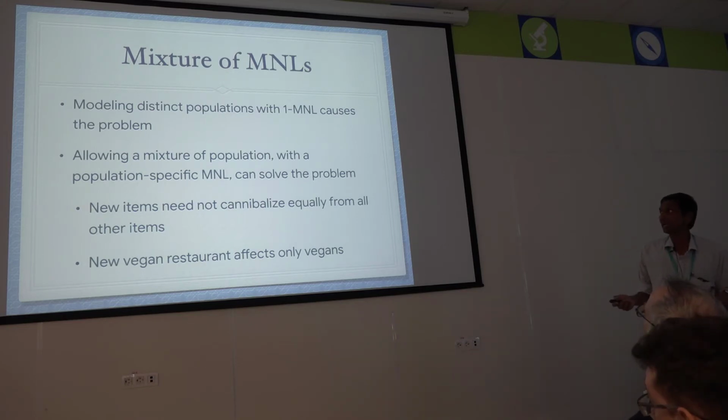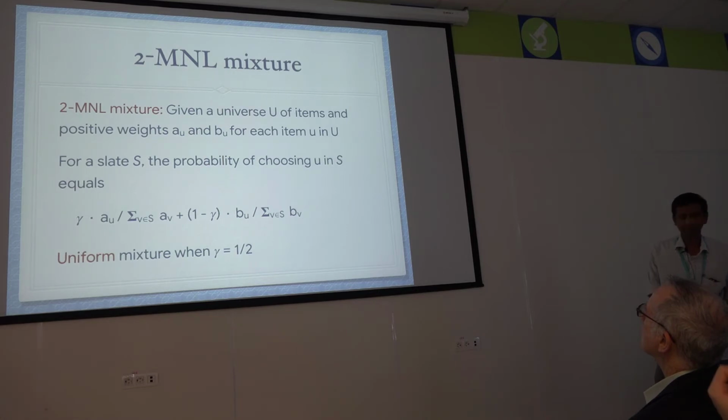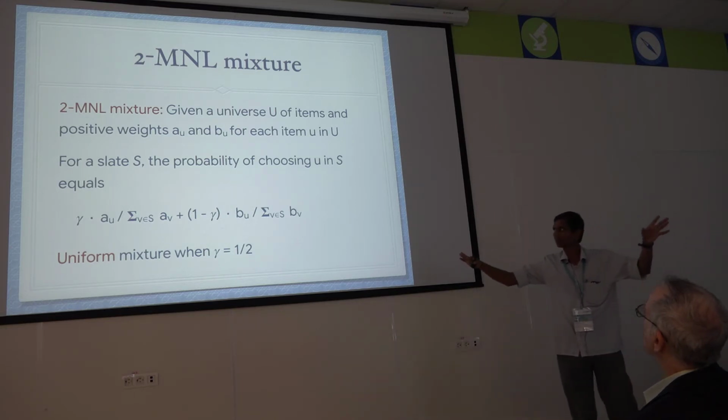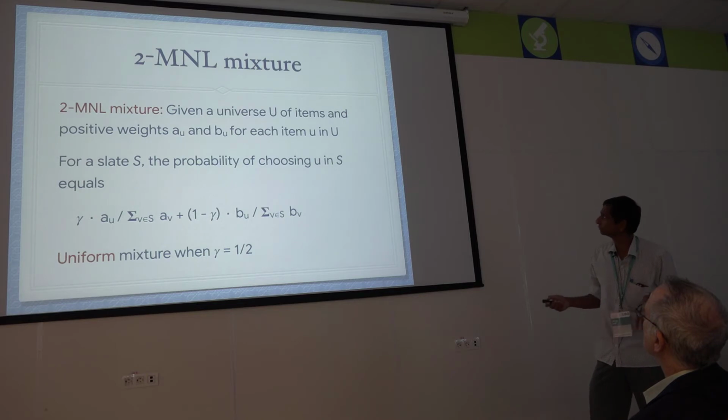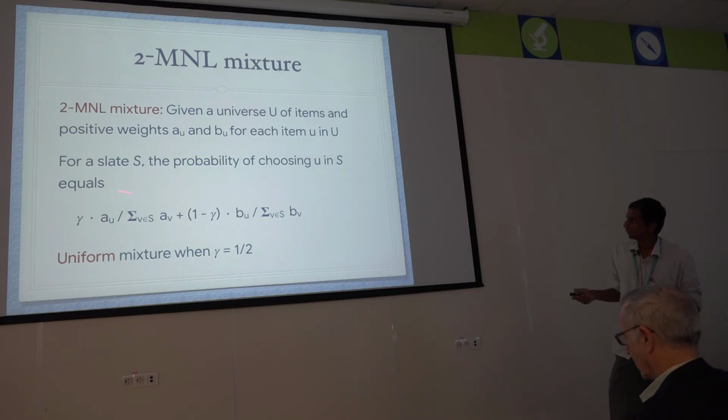This has led choice theorists to look for other kinds of models, and a particular model is the MNL mixture, which naturally captures the 2 types of population we are dealing with here. Here is an example of a 2MNL mixture. For every universe there are 2 weights for every item, A_u and B_u, and for a given slate S, the probability of choosing u in S is a linear combination of these 2 choices.